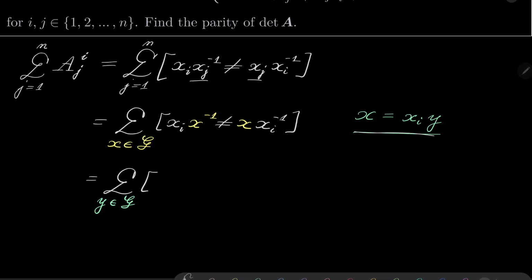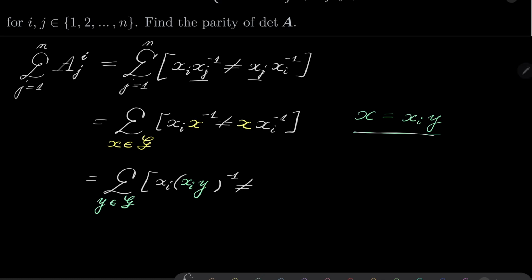And now notice that if I do it, I have xi, and instead of x, I can put xi times y. No, sorry. Is it right? Yes, it is. All right.